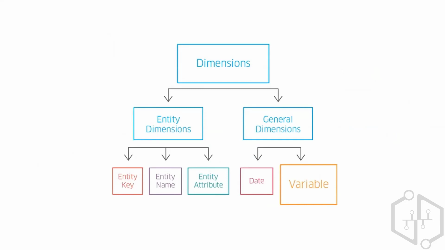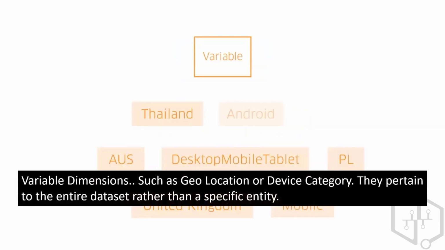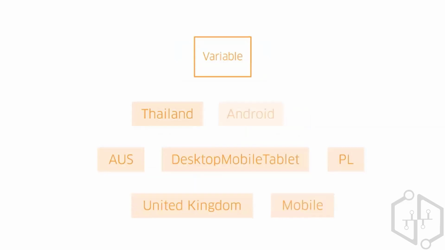But variable dimensions are those which are true for the entire data set, like device, desktop or mobile, country, operating system, or device types, mobile or computers. These are variable dimensions which basically cater to the entire data set or the entire workspace.